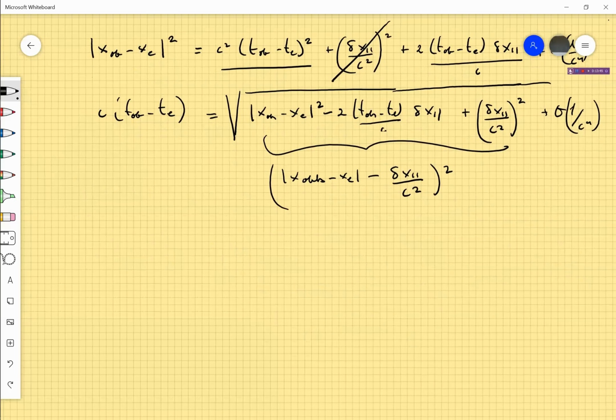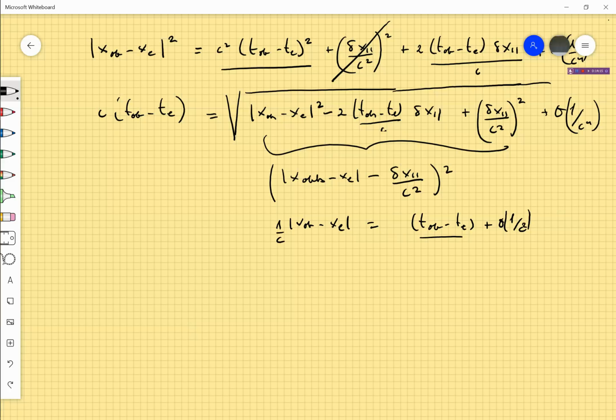I realize that it doesn't look like this square immediately, but I am using the fact that x obs minus xe is certainly c (t obs minus te) plus terms of order 1 over c. And then I can replace this by this plus terms of order 1 over c squared.